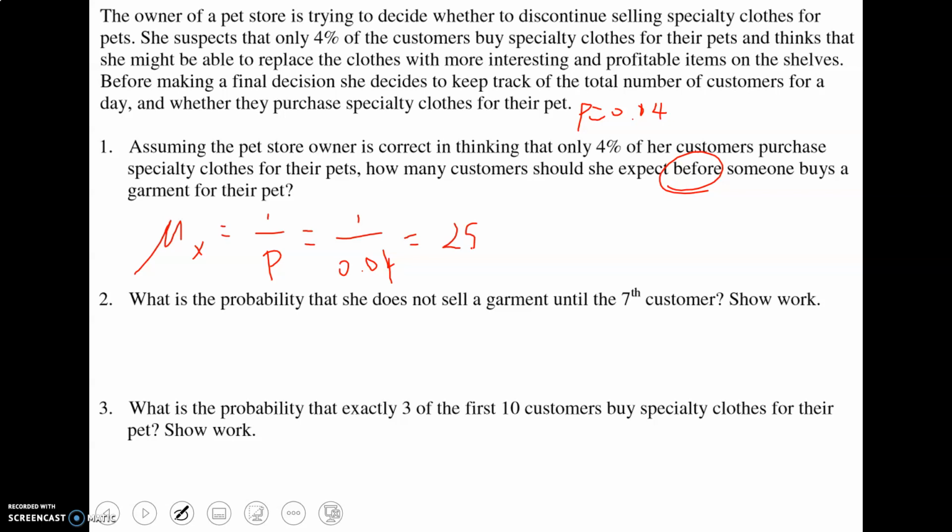2. What is the probability that she does not sell a garment until the 7th customer? The 7th customer means that you had 6 failures and the 7th person was a success. So the probability of failure is 0.96, to the power of 6, and then the last one gets the 0.04.